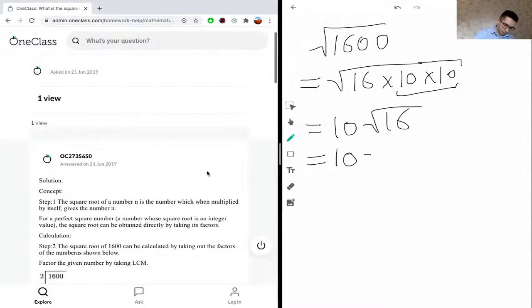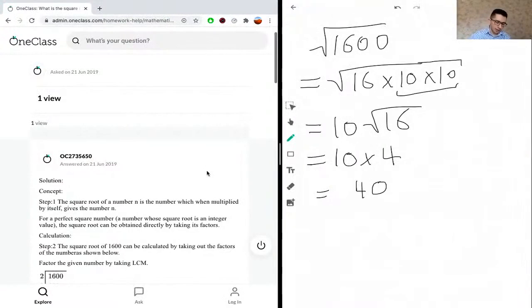So here we would have times 4, which would give us 40. Because we're doing a square root, whenever we're square rooting a number, usually we're taking the positive and negative value depending on how the question is asked.